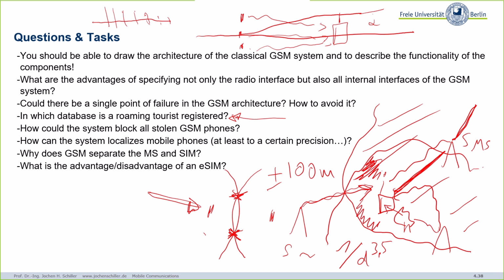There's a so-called SIM application toolkit, introduced already in the very early days of GSM, and this SIM application toolkit allows reprogramming of SIMs, only with the help of a certain interface via the radio. So over the air you can reconfigure this.